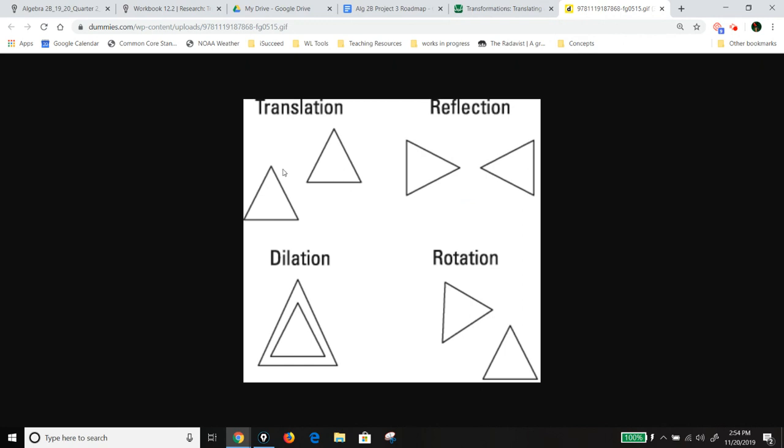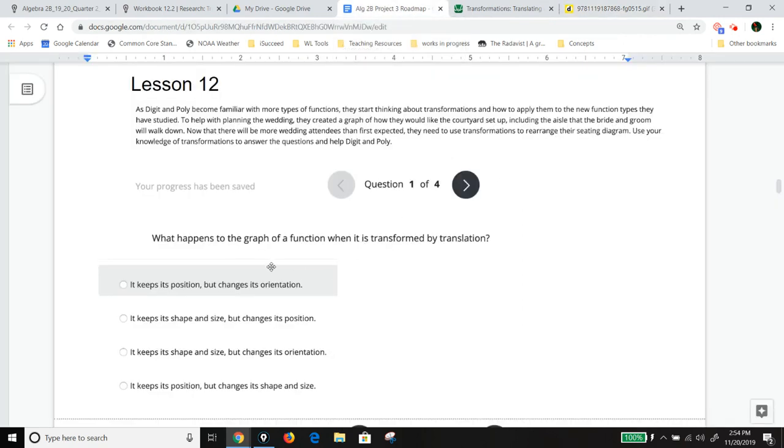So it's talking only about this shape moving right here. So what best describes that translation? It keeps its position but changes its orientation. It cannot change its orientation. The only way to change its orientation would be to rotate it, to spin it around, or to reflect it in some way. Not only does it have to keep its shape and size, but it keeps its position?